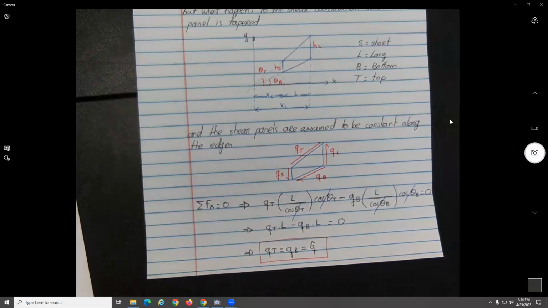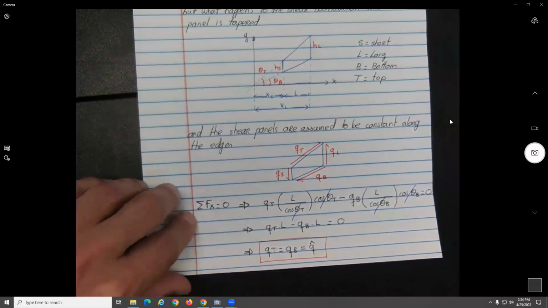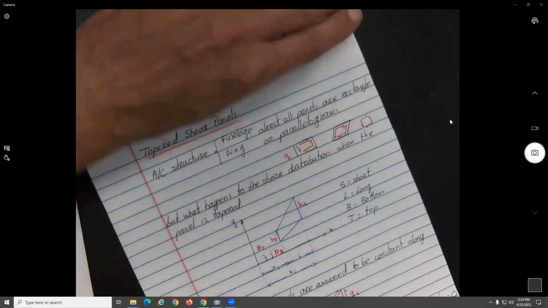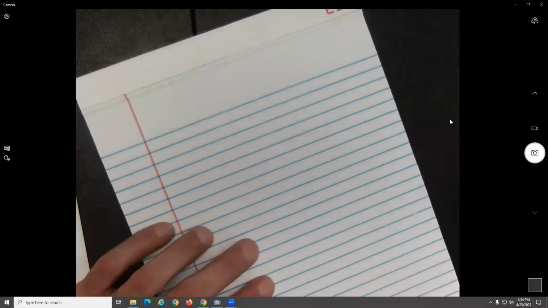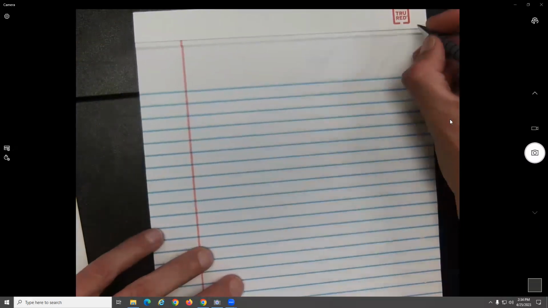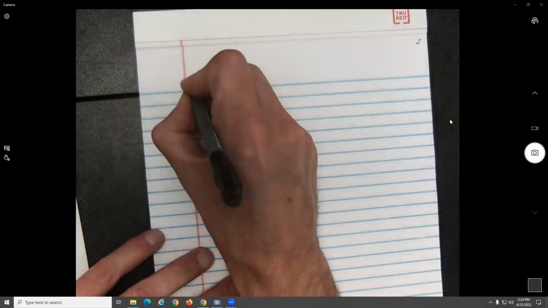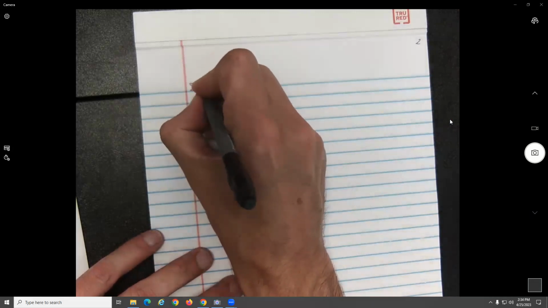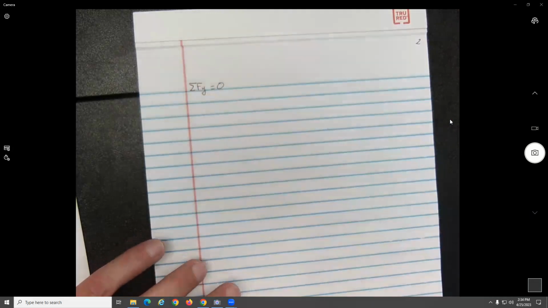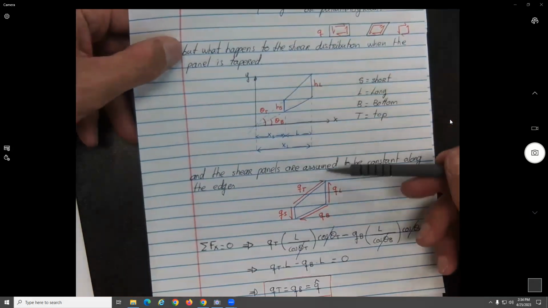All right, so we're going to do something similar now. We did the summation of forces on the X. We're going to do the summation of forces on the Y. Do summation of forces on the Y equal to 0. Again, you need to keep in front of you these 2 figures, okay? Combine them.